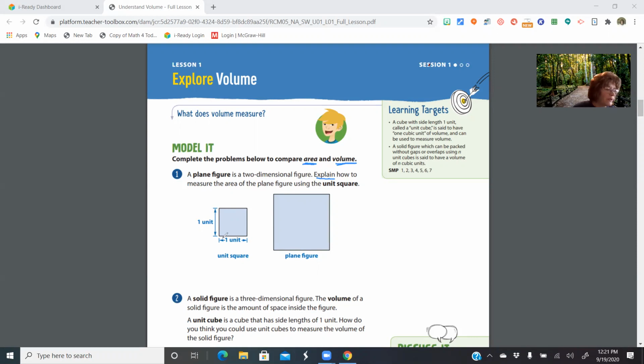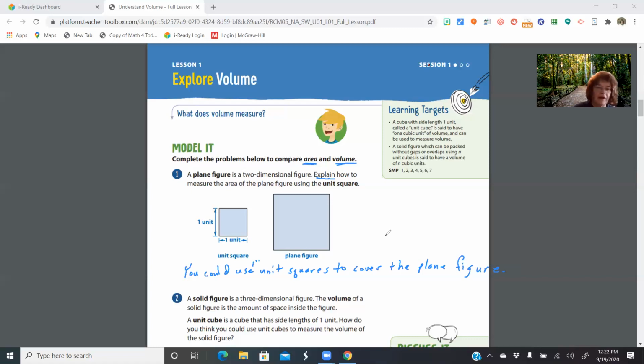Well, there are a lot of things we could write, but one thing you could do is use unit squares to cover, let's make this 1 inch unit squares to cover the plane figure.